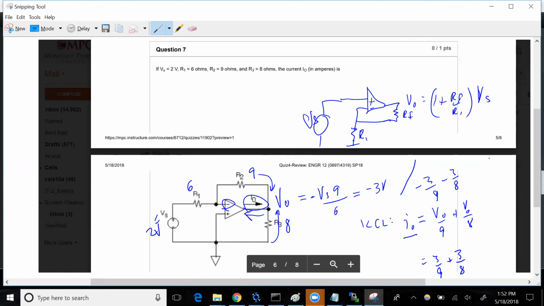Oh, that's it. So one over 9 is for our that transforms to the top, right? Yeah. This is V0 over 9 going this way. And this is minus V0 over 8 going that way.